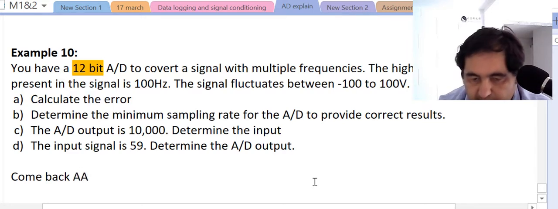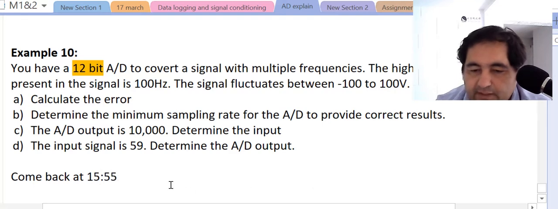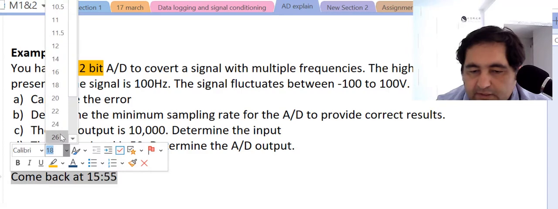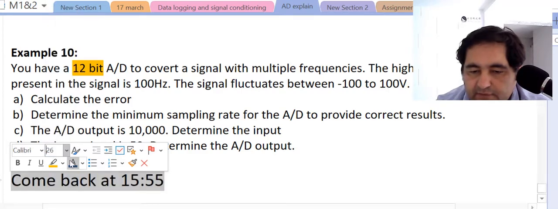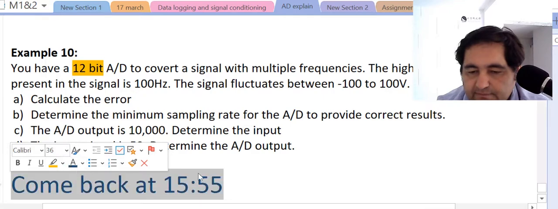Let's have a break, and we can combine breaks. Come back at 15:55. Let's have a break, and after the break we can convert that and do the calculation accurately.